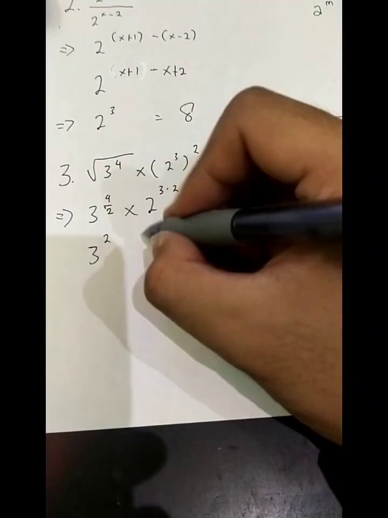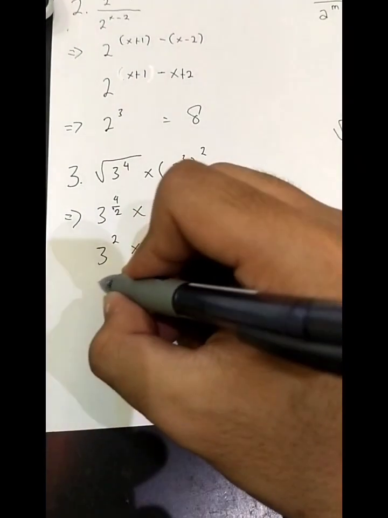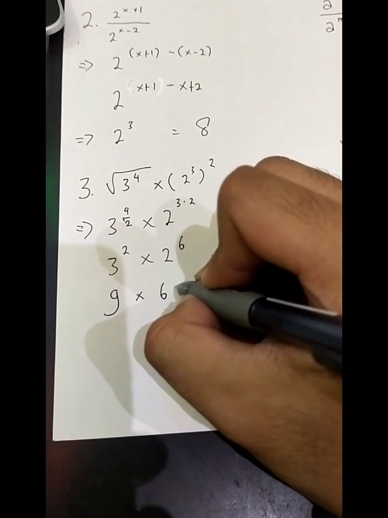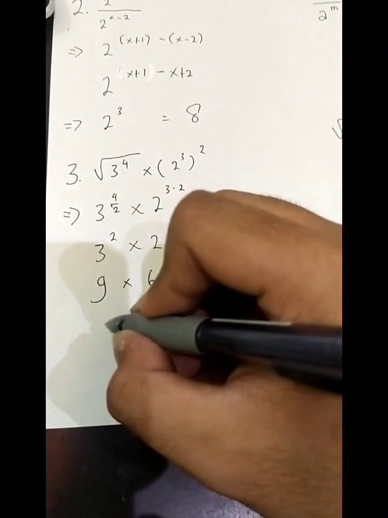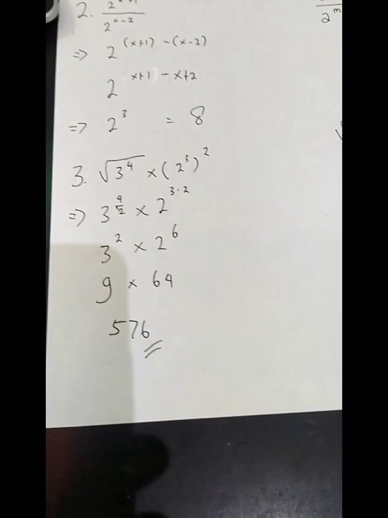So we got 3 raised to the power of 2, since 4 divided by 2 is 2, times 2 raised to the power of 6. 3 raised to the power of 2 is 9, and 2 raised to the power of 6 is 64. And then we got 9 times 64, which equals 576.